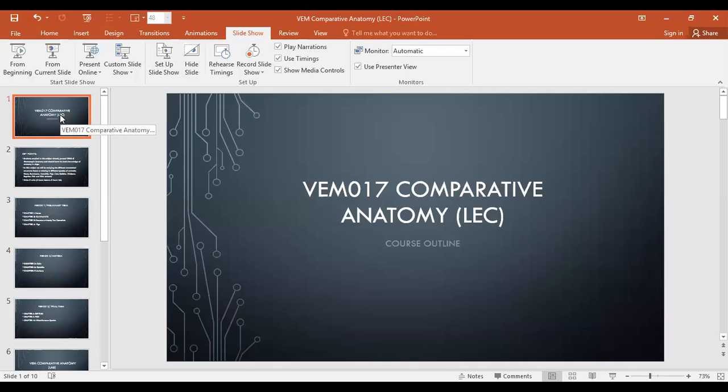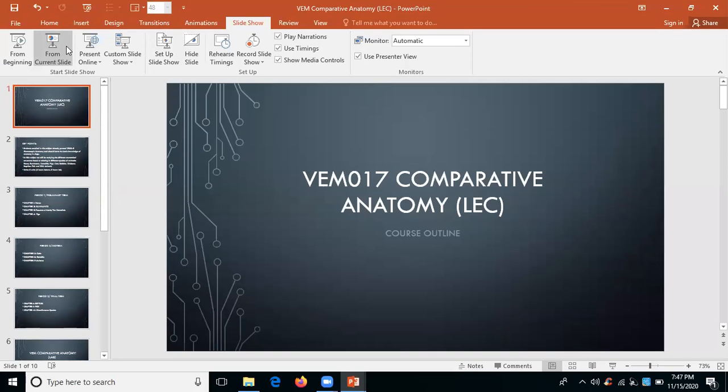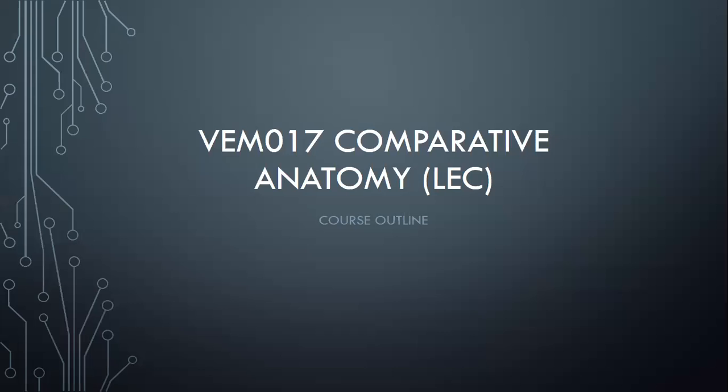In the previous, in the old curriculum, everything is separate. So with this one, lab and lec is 50-50. 50% of your grade will be coming from the lecture, 50% of your grade will be coming from the lab.